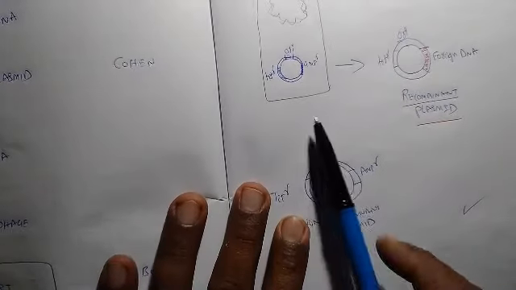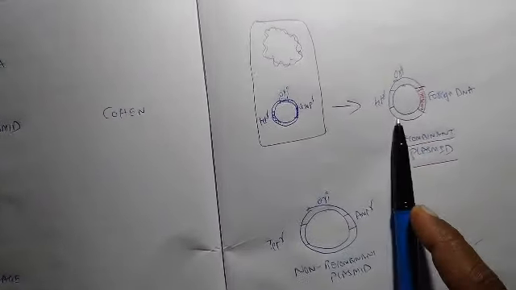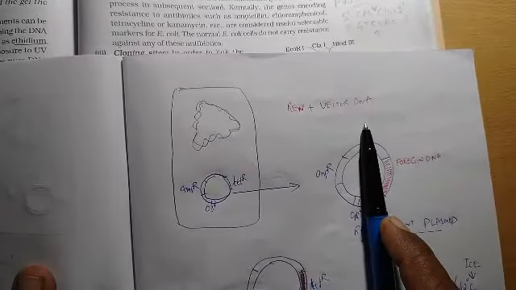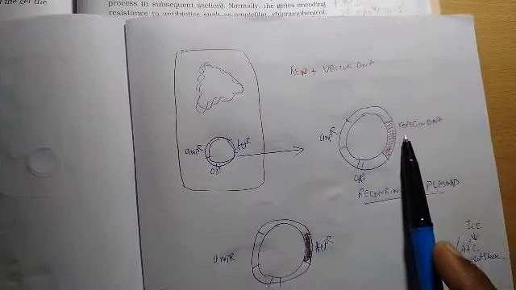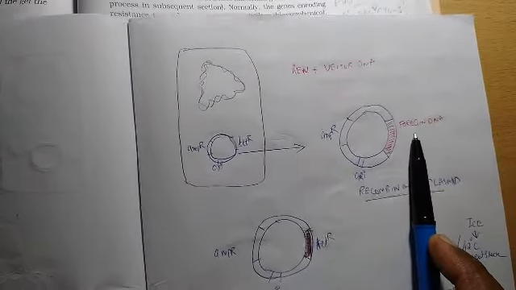Here we take out this plasmid and we treat with the restriction endonucleases and we ligate the gene of interest.